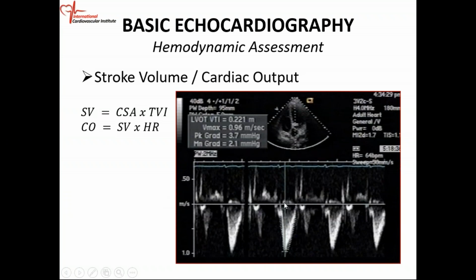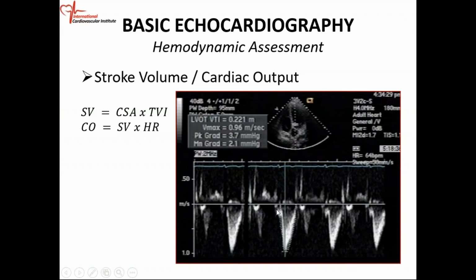When we trace it, we get the TVI. This TVI is just the area under the curve. We integrate the time and the velocity. The LVOT VTI and TVI are used interchangeably. You see, this is 22.1 centimeters. That's the TVI.